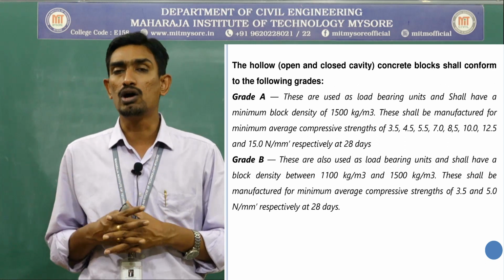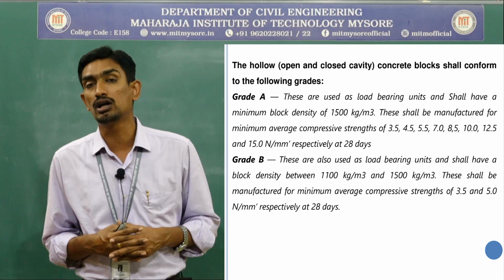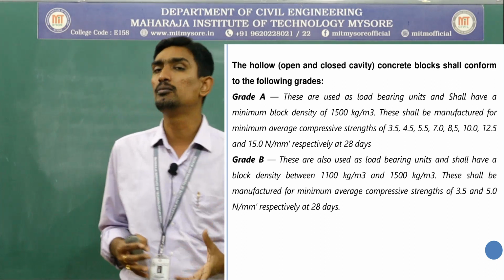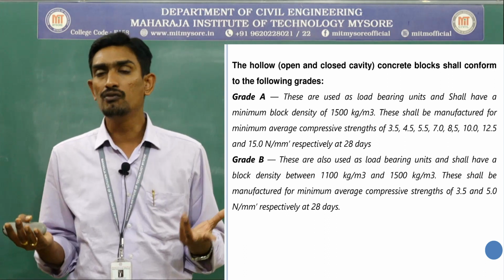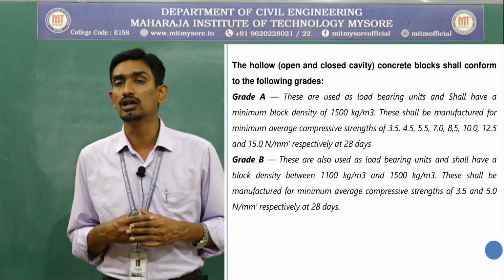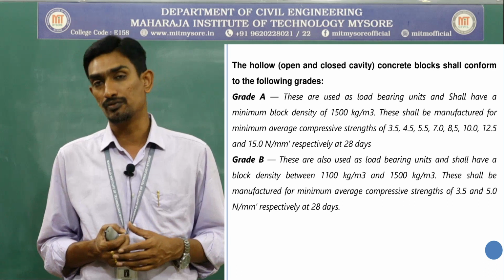If the concrete block wants to attain strength or required density, we need to cure it with water. It is something like food we feed to the concrete block. Without food, how can we survive? Like that, the concrete block also requires a certain amount of food, that is water. It will consume water in order to attain the required strength.